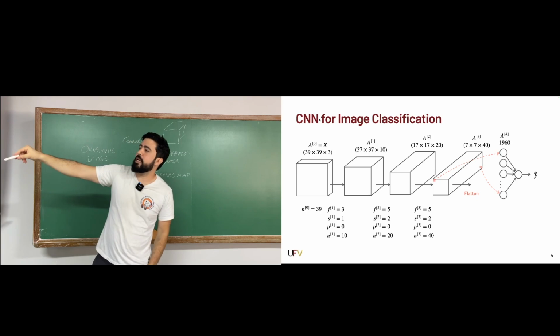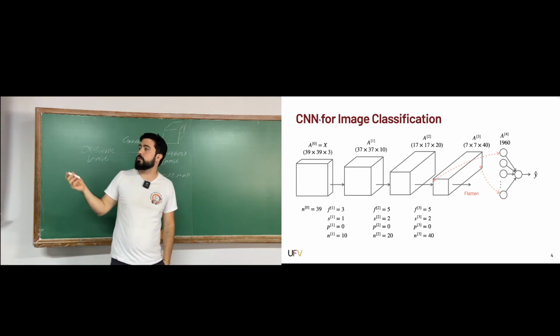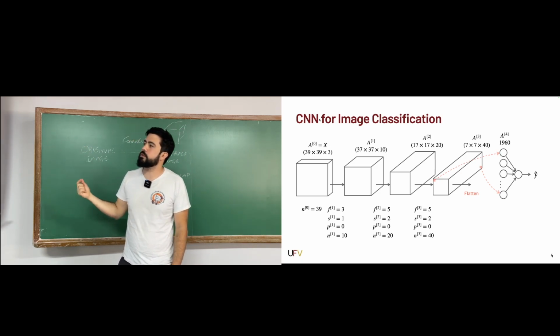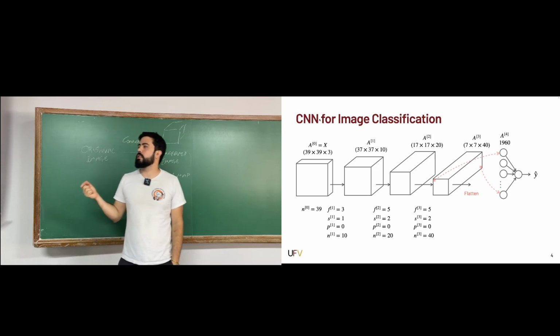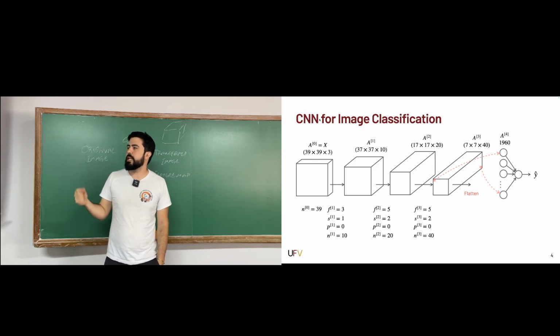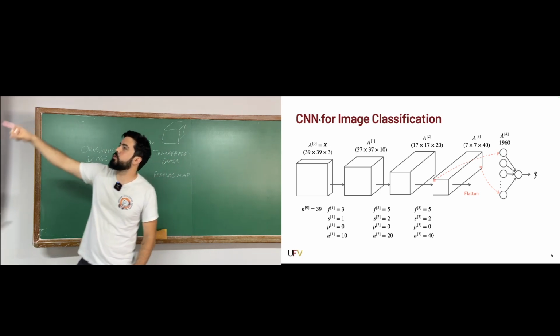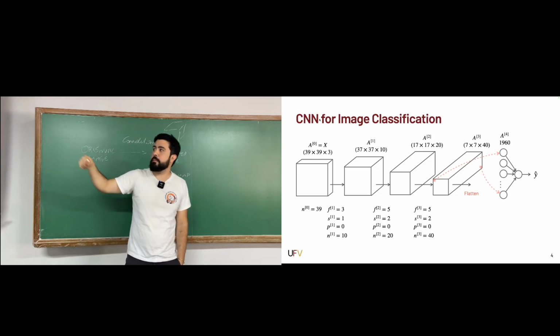Normally you annotate the arrows with the parameters of that convolution. For instance, that very first arrow has a filter size f1 equal to 3, a stride of 1, a padding of 0, and 10 filters, because n1 equals 10. Then we saw how to compute both the width and height of that feature map, and also the depth.